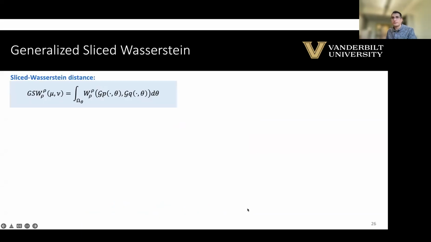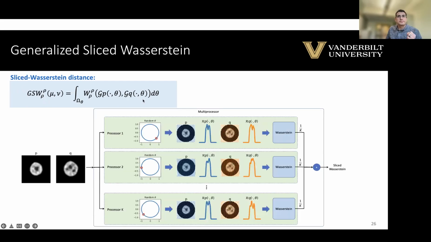Okay. Now that we have this notion of slicing d-dimensional distributions into one-dimensional distributions, we can define the sliced or generalized sliced Wasserstein distances, which is telling us: let's calculate the Wasserstein distance between these one-dimensional distributions, and calculate the integral of all of these Wasserstein distances between one-dimensional distributions.